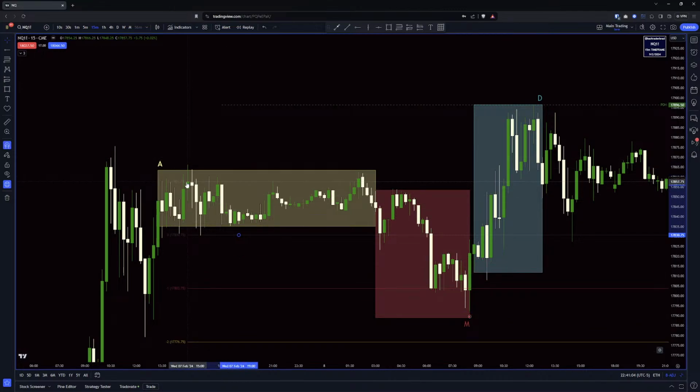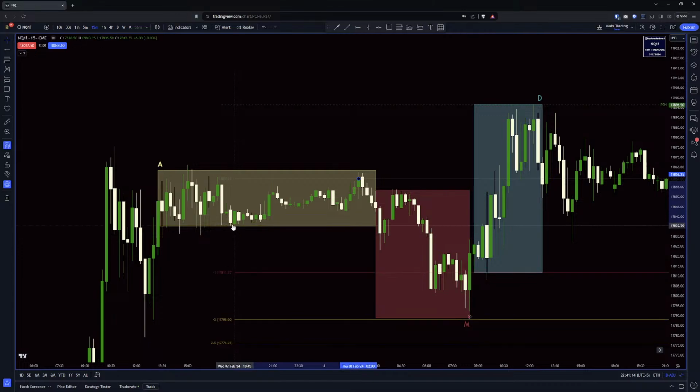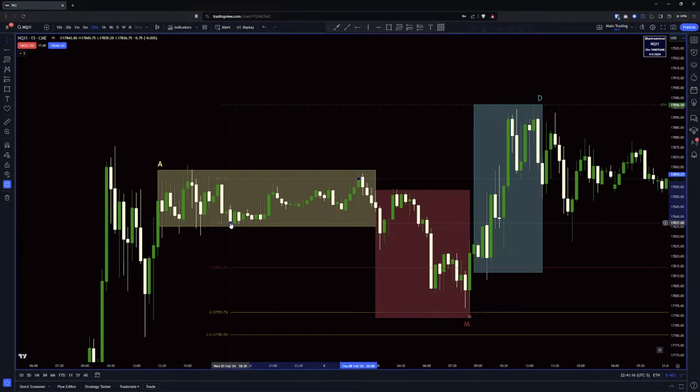Highest close. That's actually highest close, though. Highest close, lowest close of the entire range. That would be right there. It doesn't really work, does it? Oh, wait. Yeah, that's a close.